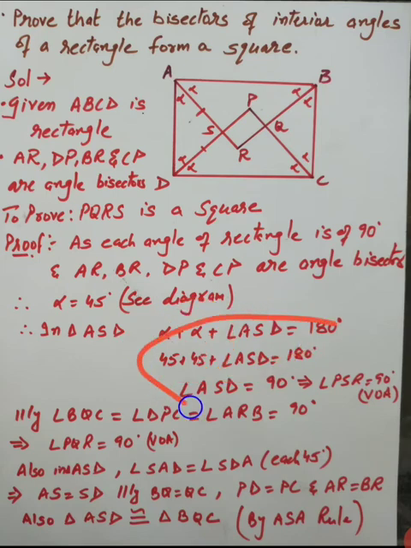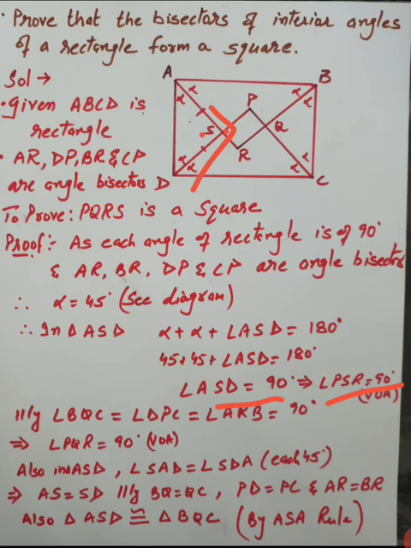So from this we calculate that angle ASD is 90 degrees. Then the angle PSR is vertically opposite to this angle AST, which we proved 90 degrees, so this angle also becomes 90 degrees.